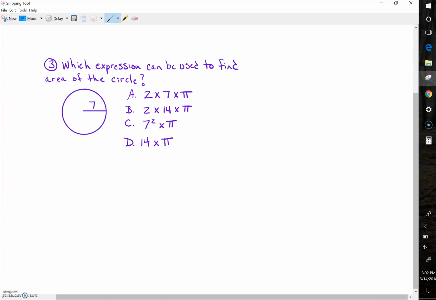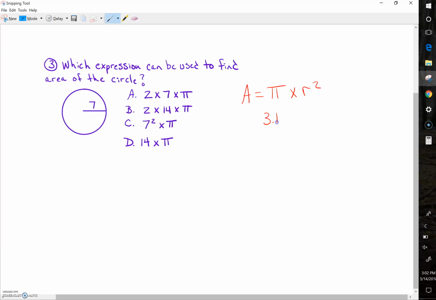Number 3, which expression can be used to find the area of a circle? So all your answer choices are in the form of expressions. The best way to do this is to solve it the way that you know how. So we're talking about circle area, pi times radius squared, kind of like the one we just did.